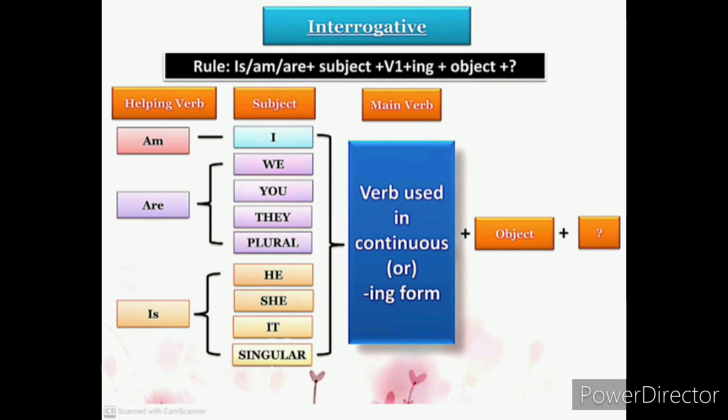And with we, you, they and plural subject we use are. Are is used in the beginning, then we, you, they, plural and then V1 plus ing plus object plus question mark. With he, she, it and singular we use is. So is is used in the beginning, then subject and then main verb plus ing plus object plus question mark.